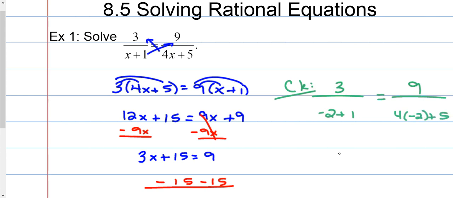Negative 2 plus 1 is going to give me negative 1. So that's 3 over negative 1, which is 3, equals 9 over 4 times negative 2 is negative 8 plus 5. So that's going to give me 9 over negative 3.